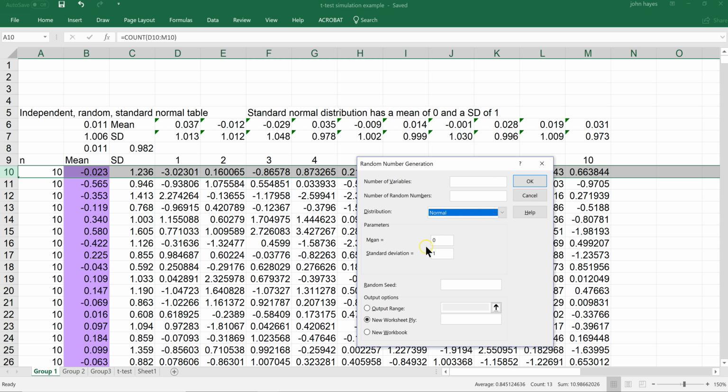This is a random normal distribution with a mean of 0 and a standard deviation of 1. Now, I could have put anything in there, but this is a very general formula, and I told it to output here.